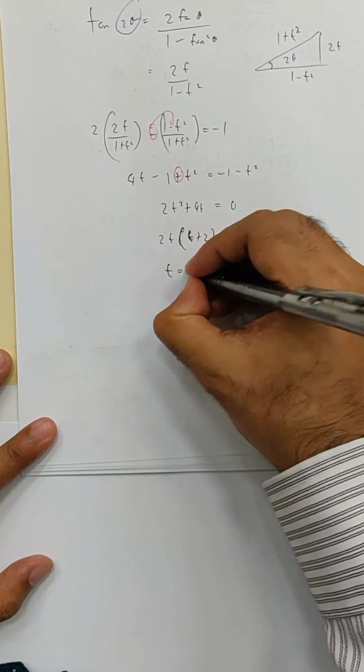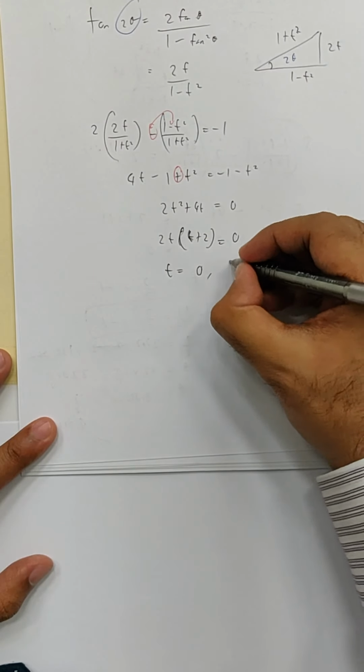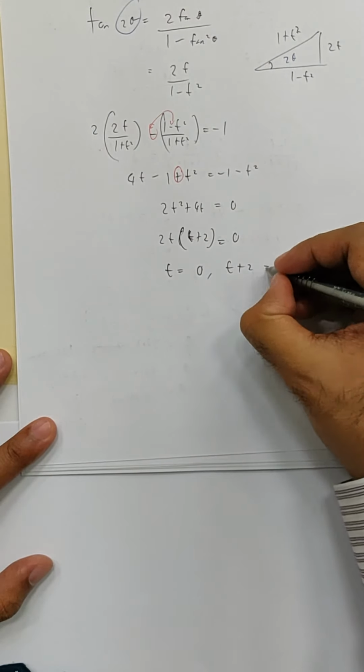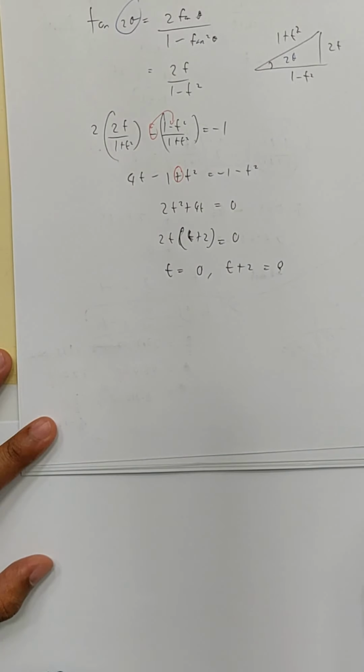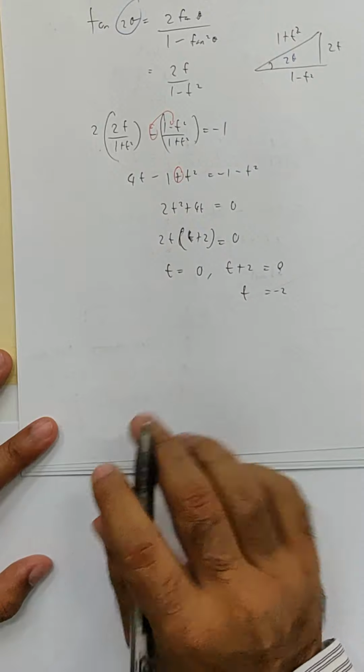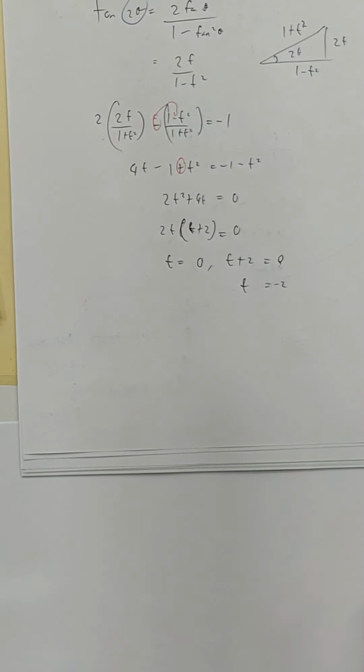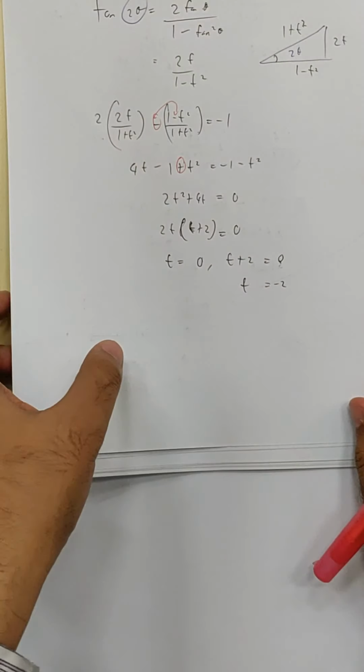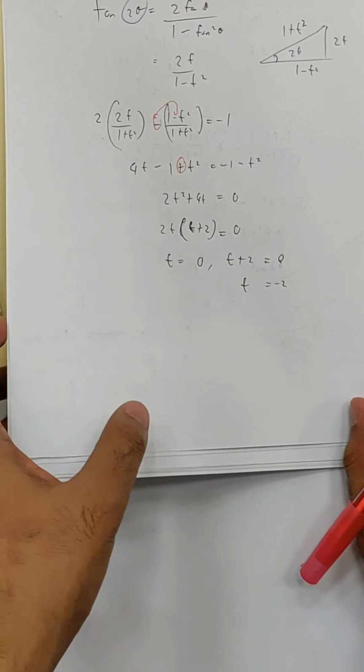So t is either 0 or t plus 2 equals to 0. So the other one is t equals negative 2. Should we stop here? That's where you go wrong. So you should substitute t with what? Tangent theta or tangent theta over 2?